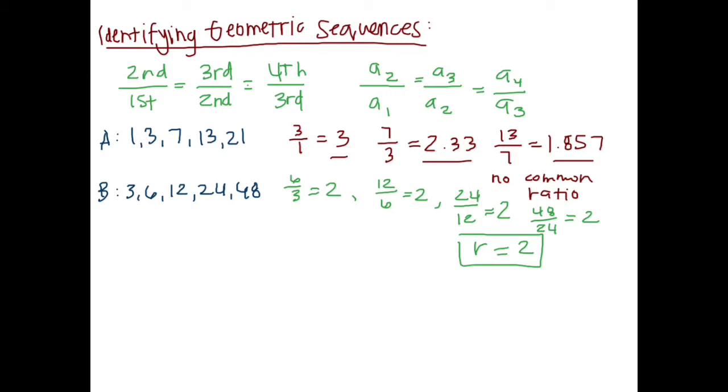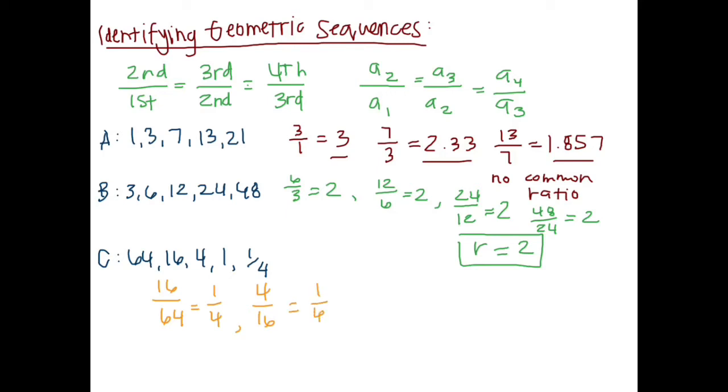Let's look at one more example. This sequence is 64, 16, 4, 1, and 1/4. So I take the second term, divide it by the first term, and you might get a decimal of 0.25, or you could get a fraction of 1/4. Now let's do the third term divided by the second term.